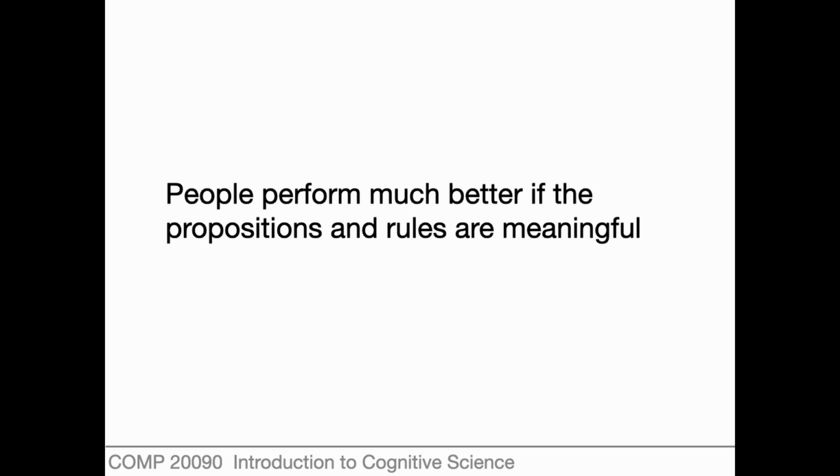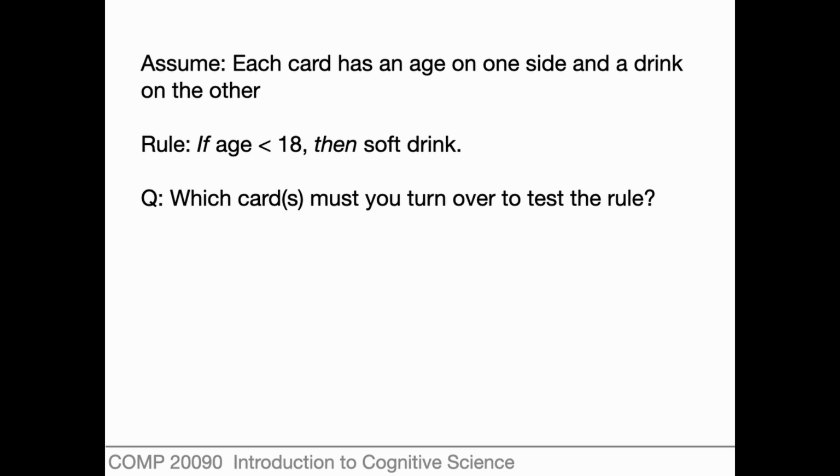It turns out that people reason much better when things make sense to them and when they're meaningful. A's and 7s are not terrifically meaningful. Combinations of vowels and odd numbers are not terrifically meaningful. We can construct an exercise which has the same logical form, but is perhaps a little bit more meaningful.